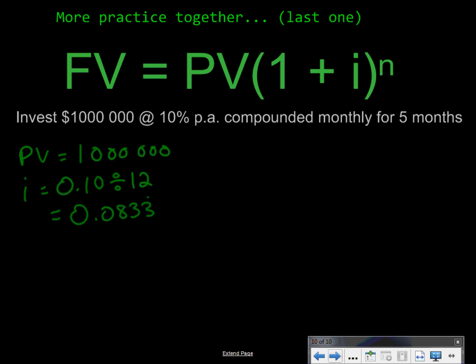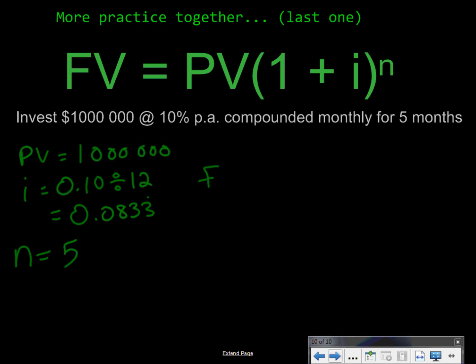That's 3 repeats, but just keep 2 of them. And I am doing it monthly. For how many months? So, here's the thing. I actually don't have to do anything here because there's no full years and it's compounded monthly. So all I do is put a 5 here because it's already in months. 5 months only. So I don't need to do any more work here because I haven't actually done any years.